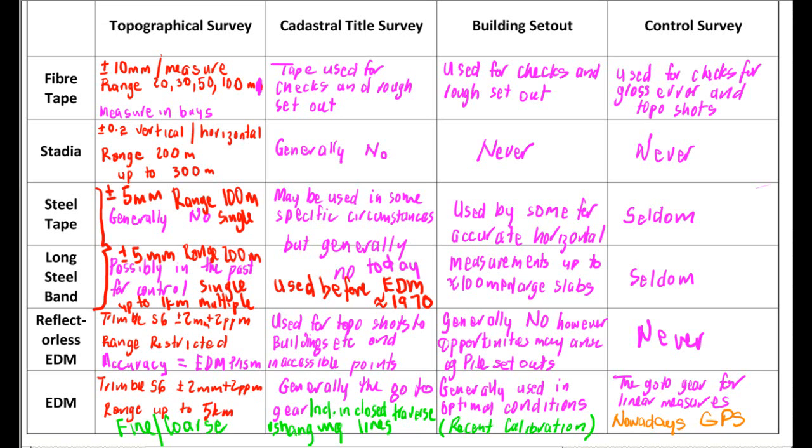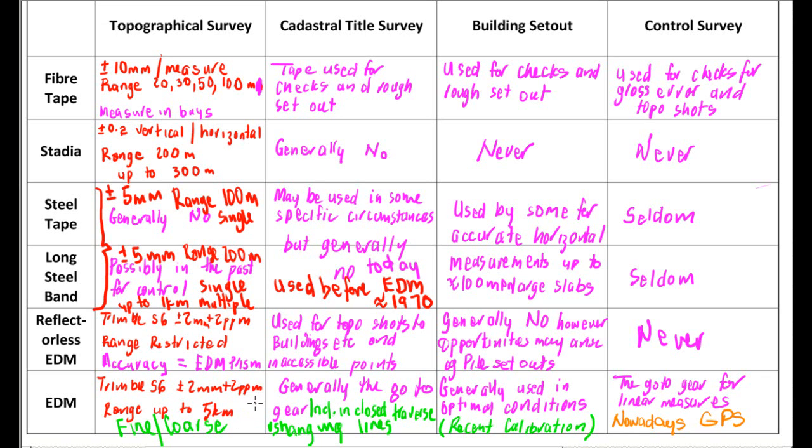So we would use the coarse mode for topographical survey. Pretty good, pretty efficient. These days I think it is the most efficient, so I can't think of any of these others being more efficient in that circumstance. However, you may not have that gear, in which case some of these other things will achieve the accuracy that you require for that survey.